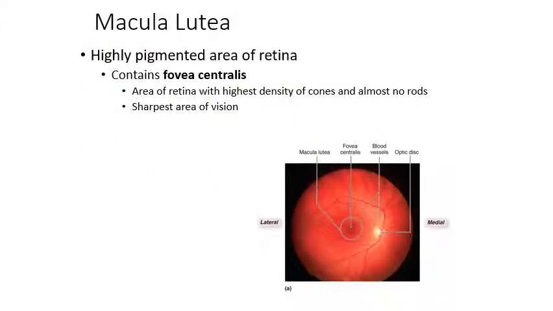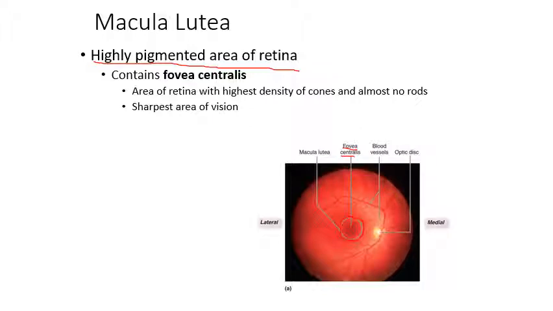As we said, we get our crisp vision with our cones. And so we have regions in the retina, that back portion of the eye, where we have a high area of cones, right? And we have this larger area, this macula lutea. It's a high density of cones, and right smack dab in the middle of that macula lutea is the fovea centralis.